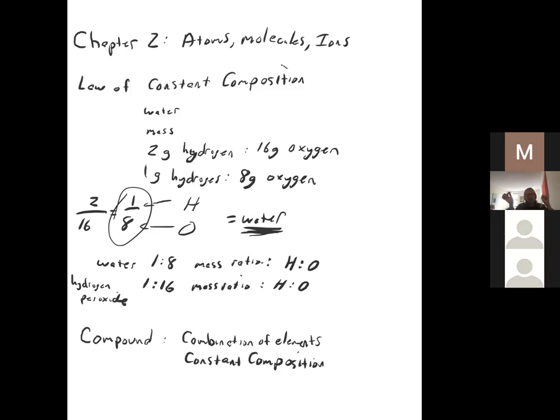Hydrogen to oxygen. So for example, there's this compound, let me show it here. Create a new one here. So this compound is, let me draw a little picture for you.